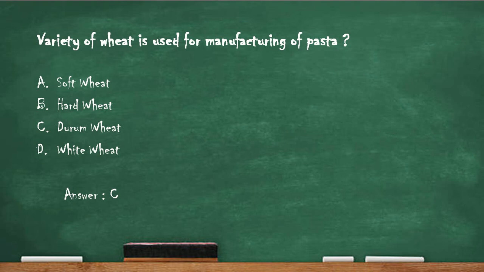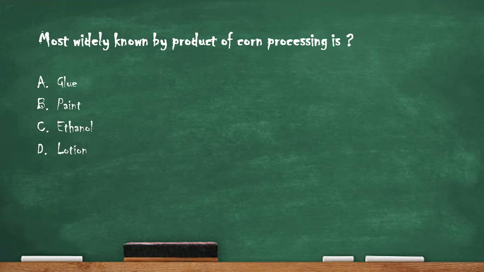So next question. Most widely known byproduct of corn processing is: option A, glue. Option B, paint. Option C, ethanol.